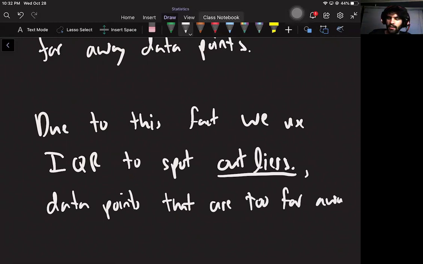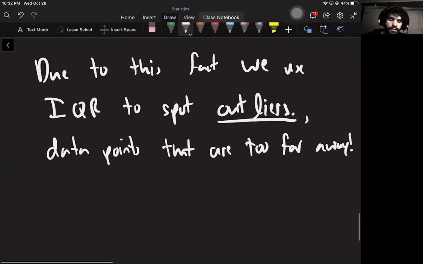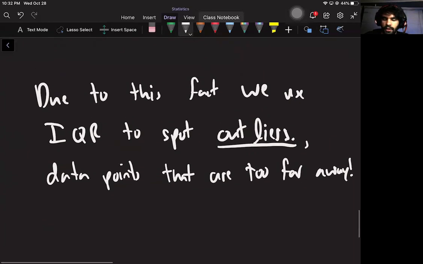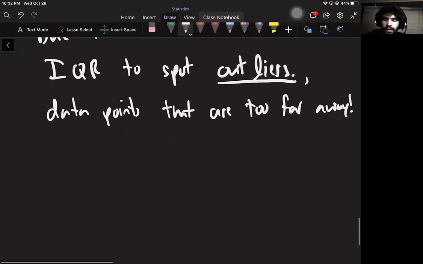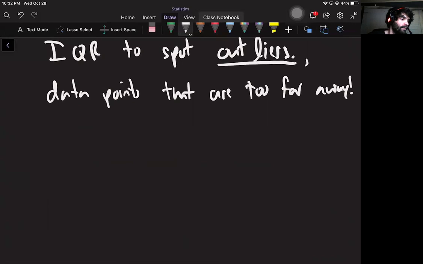And again, we can't use the standard deviation to figure out outliers because it is impacted by the outliers. It's like trying to measure a ruler with the ruler. It's just not going to work. You need a second ruler that doesn't get impacted by the first ruler. Okay, so that's what's going on here.